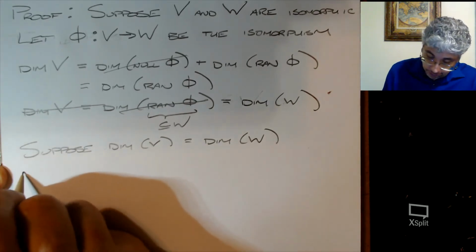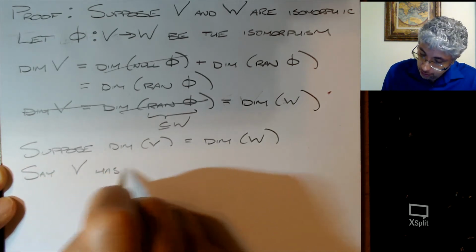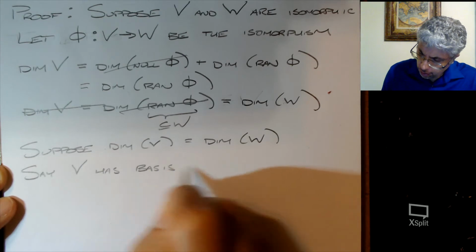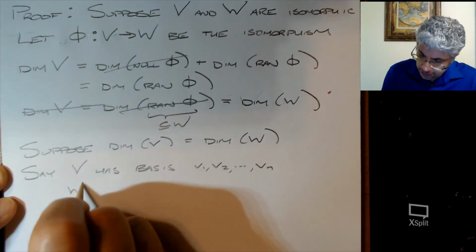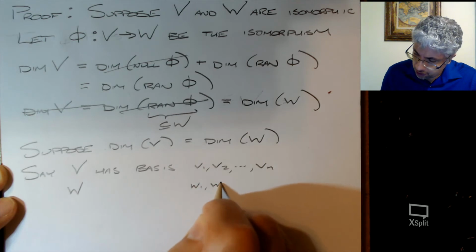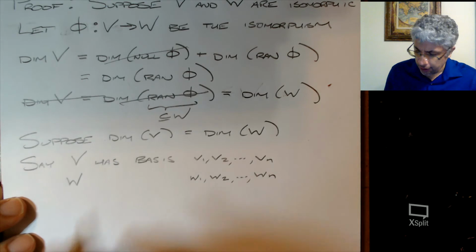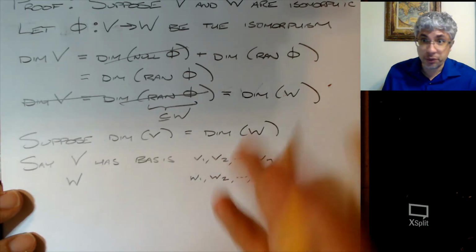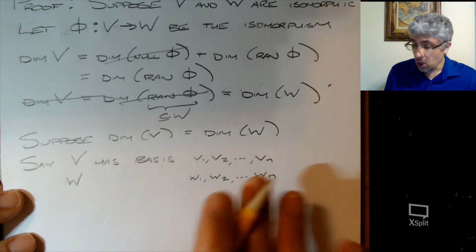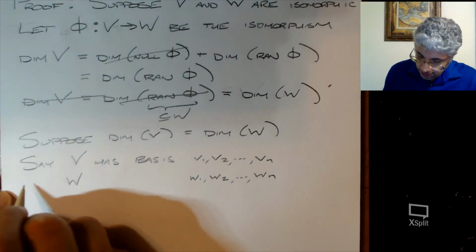Well, let's say V has basis V1, V2 through Vn, and W has basis W1, W2 through Wn. By the way, all of this is finite dimensional, otherwise none of this would have made sense. We couldn't have even been talking about dimension or whether or not they had the same dimension to begin with. We should keep that in mind.